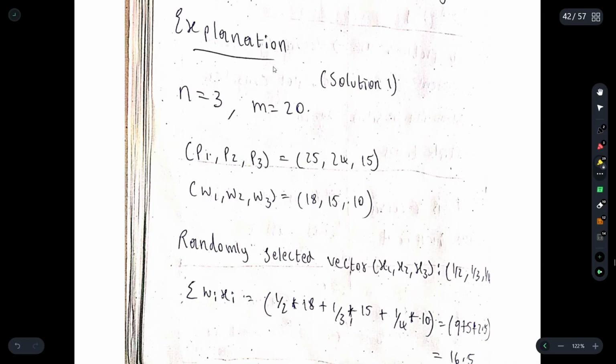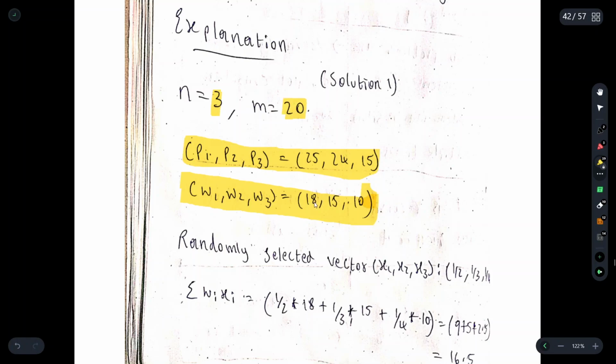So we will get some values like this. These are the profits P1, P2, P3, and these are the weights W1, W2, W3. So the bag can have 3 items and the maximum weight is 20.